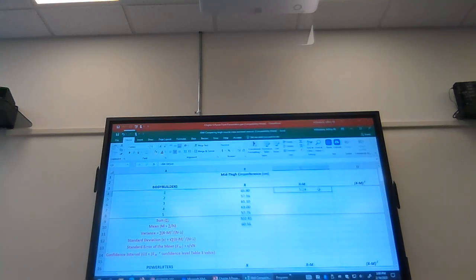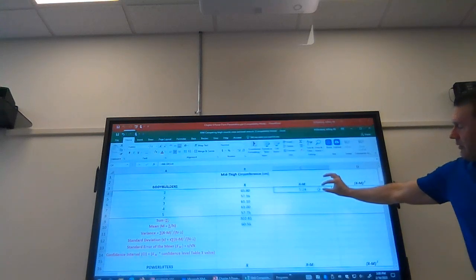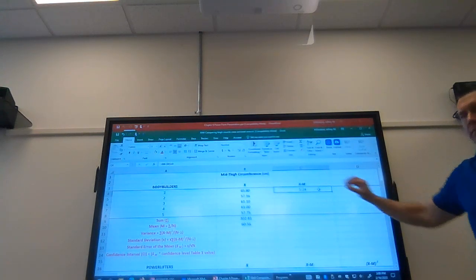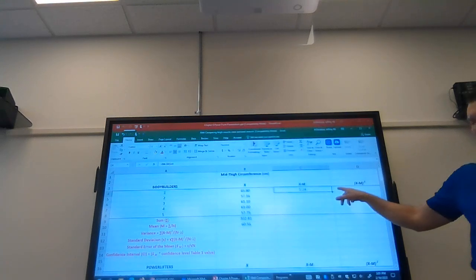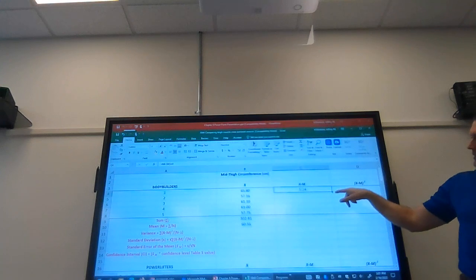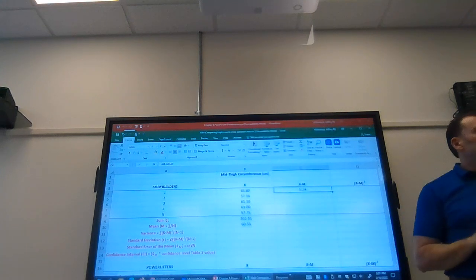I want you to put the cursor back on that cell, and then you see how the cursor is this wide white cross? So what I'd like you to do is come down here, and if you put it right over that corner, can you see how it changes to a little black plus sign right there?